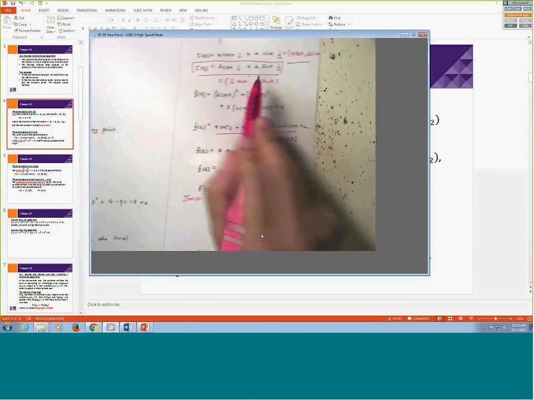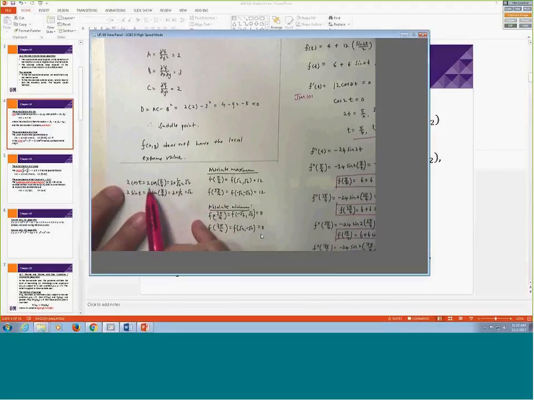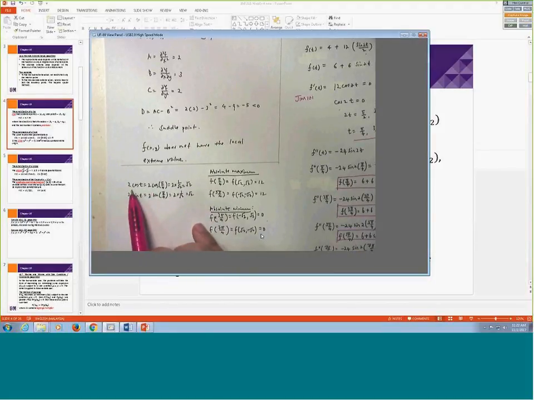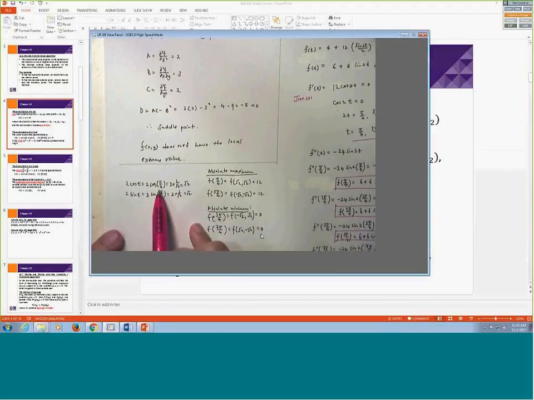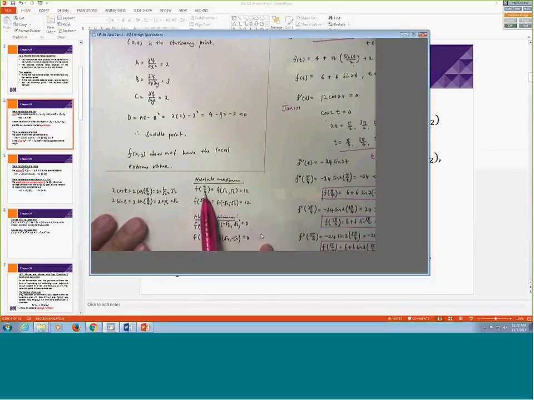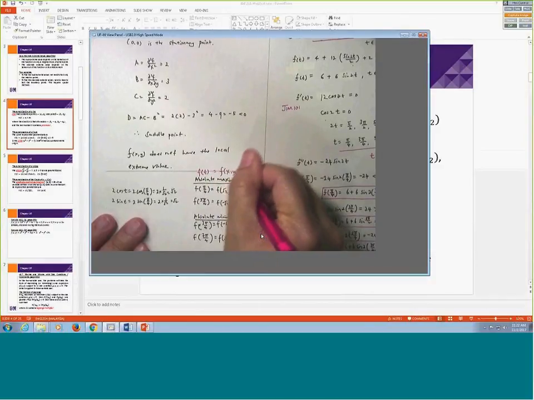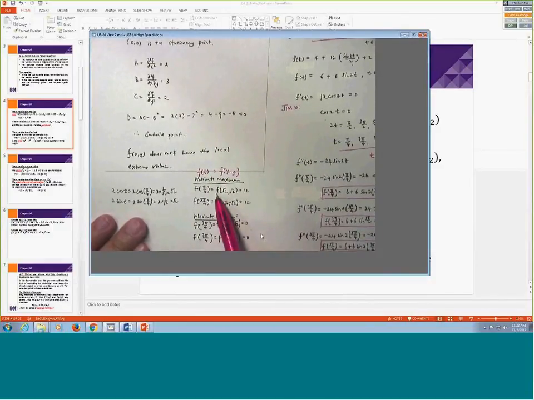So when t = π/4, you substitute into 2 cos t, t with π/4, we get √2. 2 sin t is √2, the same. So we get f(π/4), this is in t, equivalent to f(√2, √2) in xy, and it is the maximum, 12.